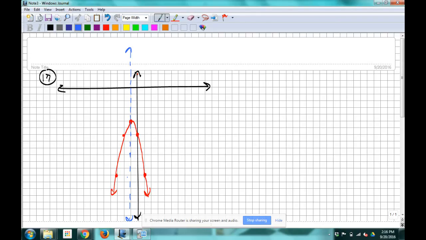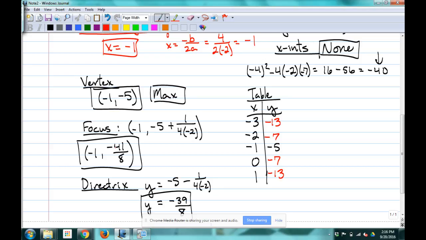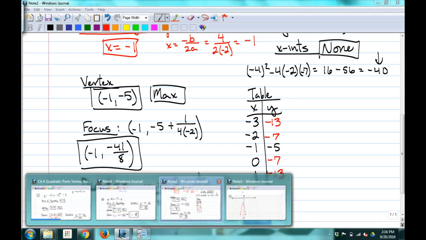The directrix is the horizontal line at that number that we found. So the directrix, what was its equation? Y equals -39/8. What was that as a decimal? Like a little over 5, wasn't it? Not quite 5. A little under 5. So at -4.8 or something like that's where it was at.